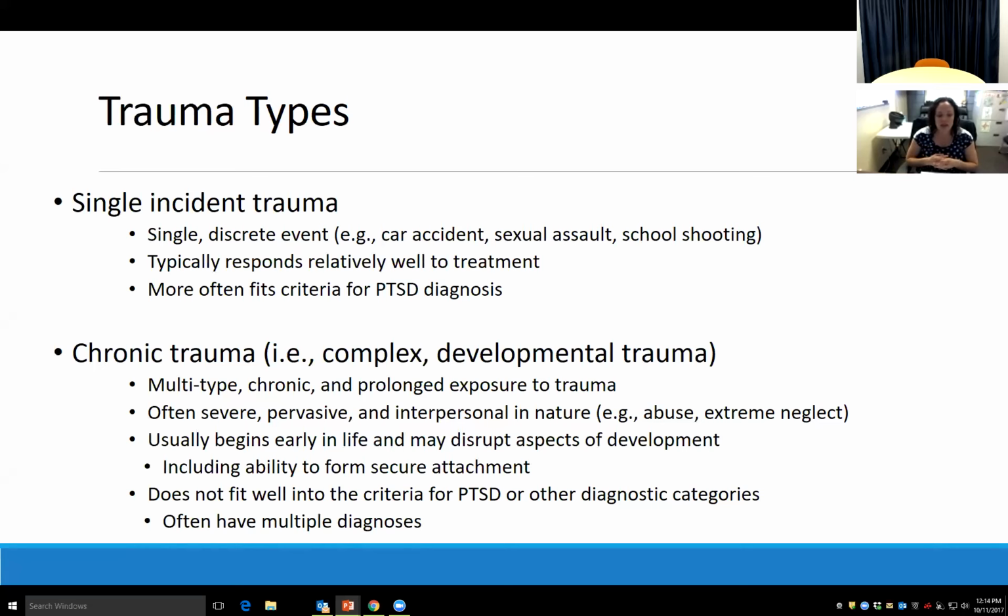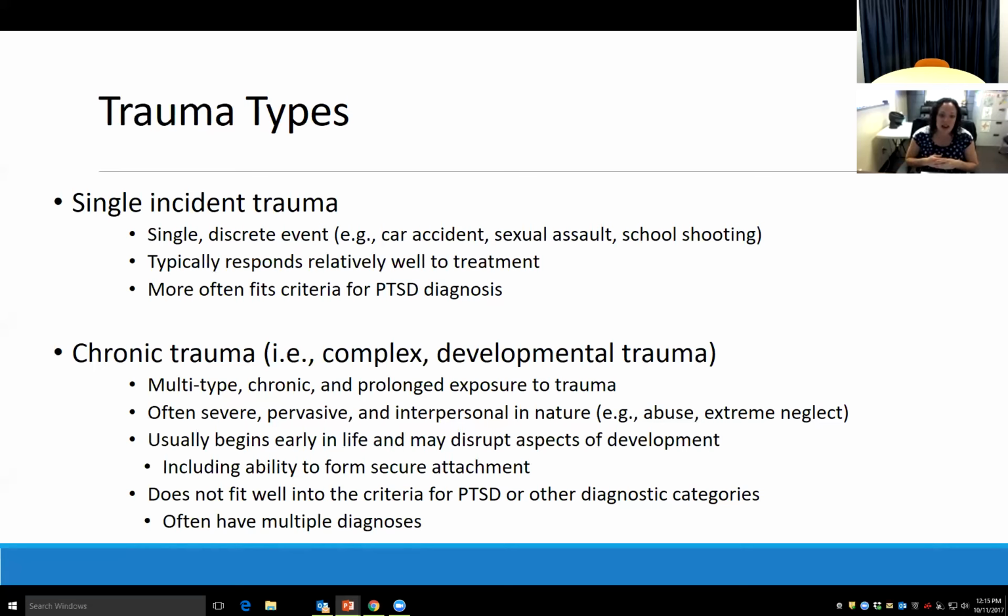But what's made it so difficult is individuals who've experienced complex developmental trauma present with such a wide variety of difficulties that it doesn't quite fit into one category. And since we diagnose based on these categories, it's been really hard to have anything fit. We will talk a little bit about what has been done in the meantime that I think is a good move. But the goal is hopefully over the next iteration of the DSM, that there will eventually be a complex developmental trauma disorder.